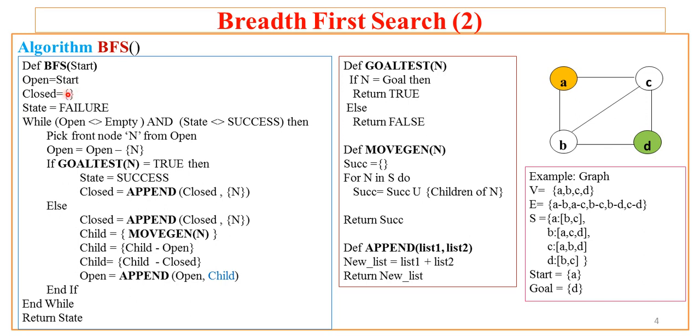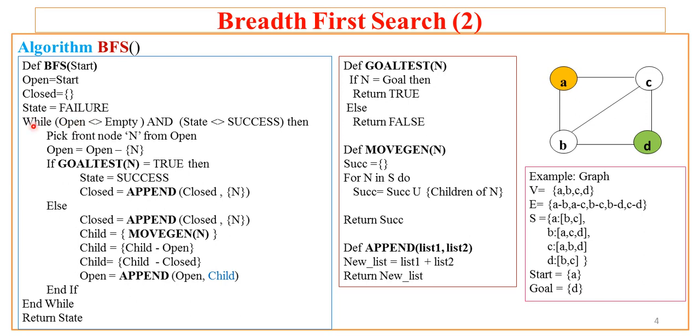Here closed is initially empty. Now we have a state variable which maintains the state of the algorithm, whether we have reached the goal node or not. If we have reached the goal node, the state is success, otherwise the state is failure. So initially the state is failure.